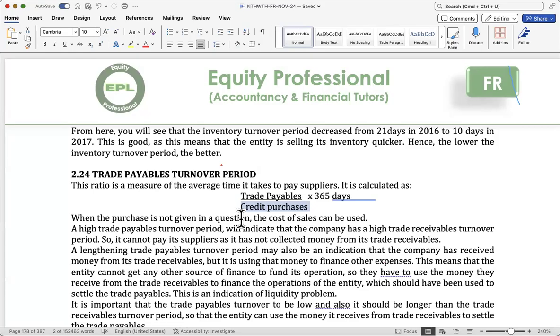But me, I'm a school of thought of shorter period, meaning that this company pays his suppliers early enough, and doing that will make him creditworthy, and they will extend him extended credit term or extended credit period. So either school of thought is right. Just explain why you think longer is better, or explain why you think shorter is better.